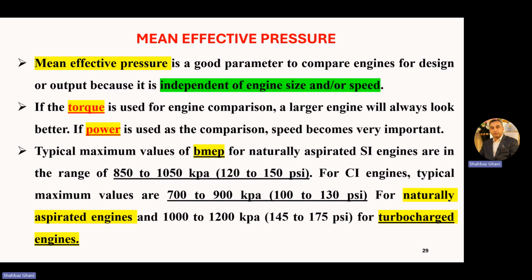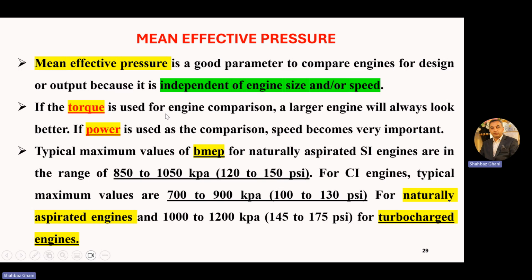It is independent of your engine size, how big or small the engine is, and of the speed of the pistons or the crankshaft revolution.